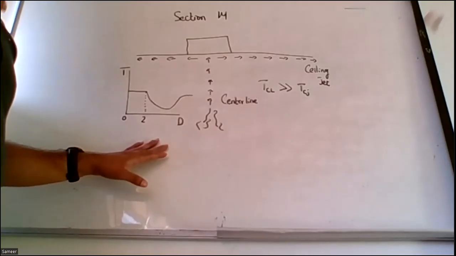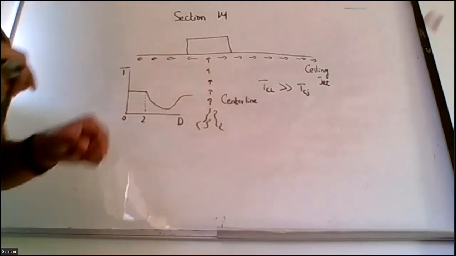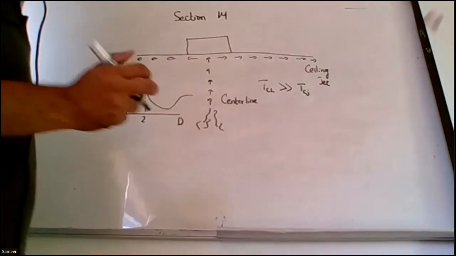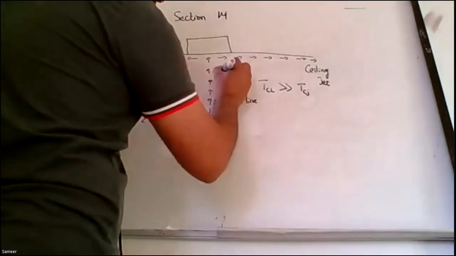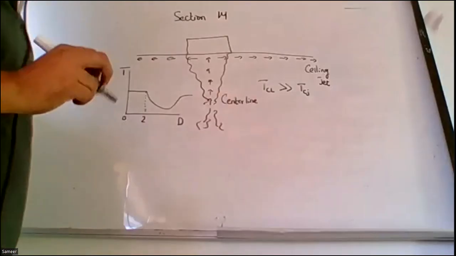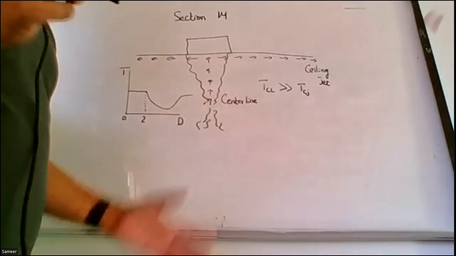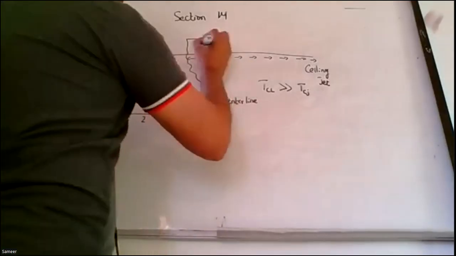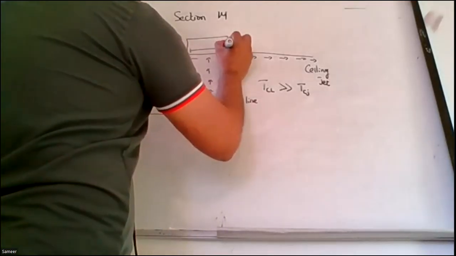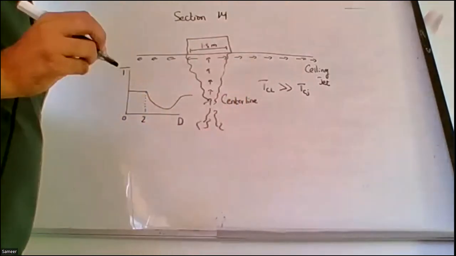But we are ignoring one thing. The center line is not as narrow as I'm making it here. When the heat rises, it will have a specific width, and this width is usually 1.5 meters.